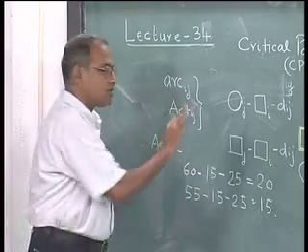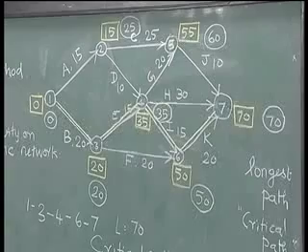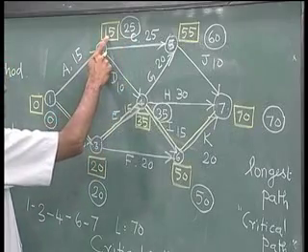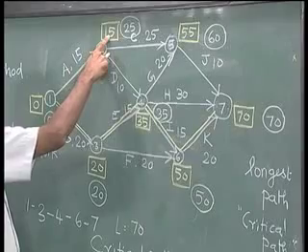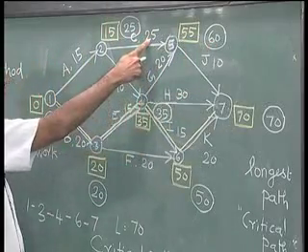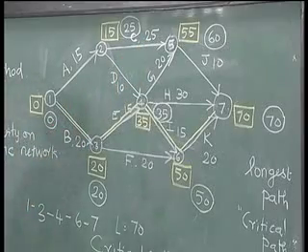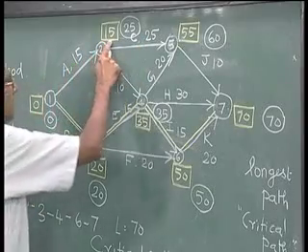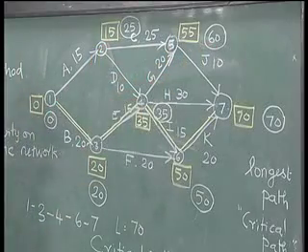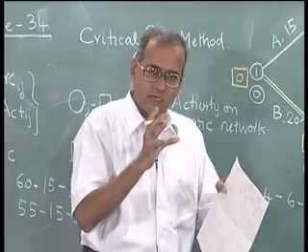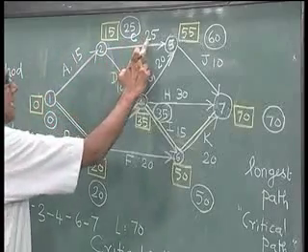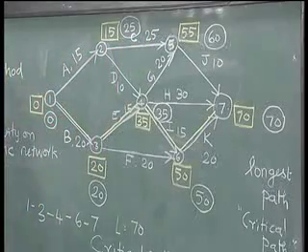Now, what do these two numbers tell us? If we look at this activity C, the earliest this can start is 15, the latest this can finish is 60, its duration is 25. So, it cannot start before 15 and it should end at 60, which means there is a 45 period in which this activity, which takes 25 units, has to be completed.